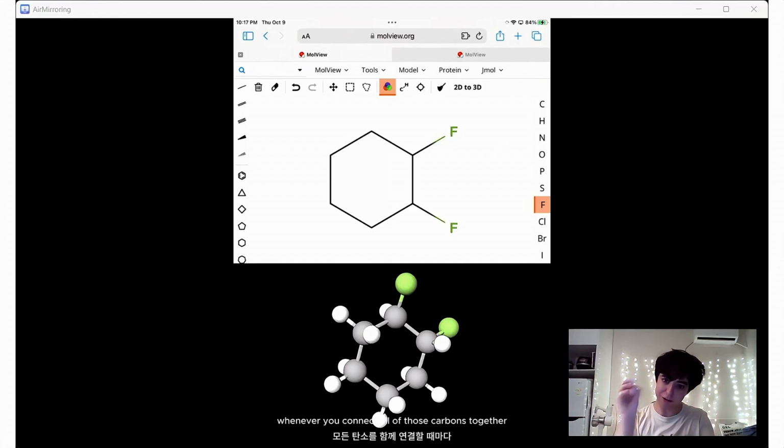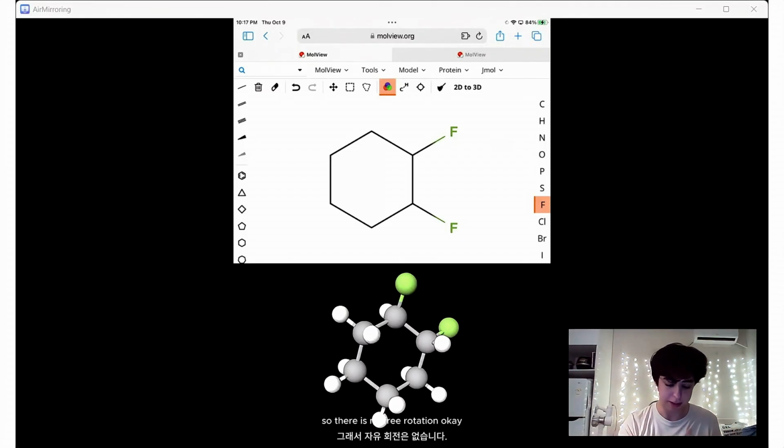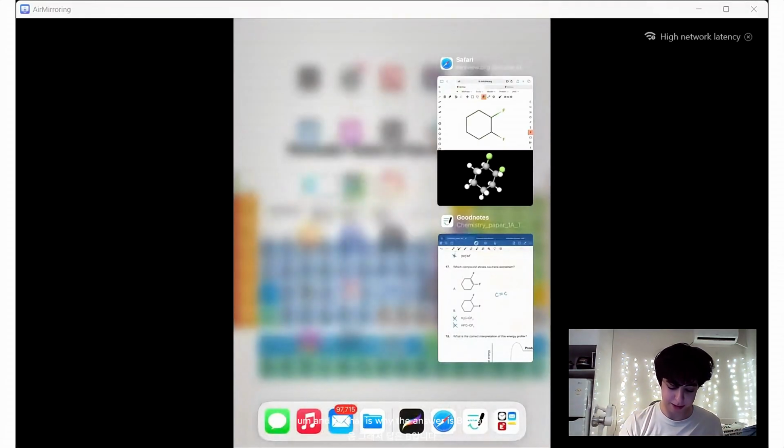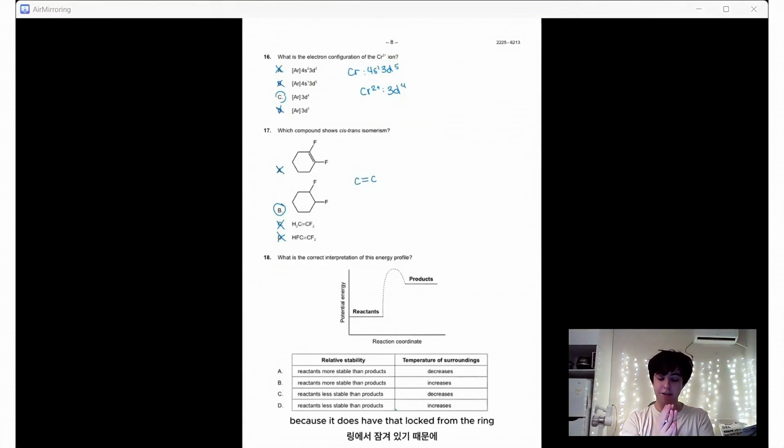Whenever you connect all of those carbons together, you have a strand similar to an alkene that locks the conformation in place. So there is no free rotation. And that is why the answer is B. The answer is B because it has that lock from the ring, but there still is room for cis or trans. A has double locked, which means only the cis conformation is possible.